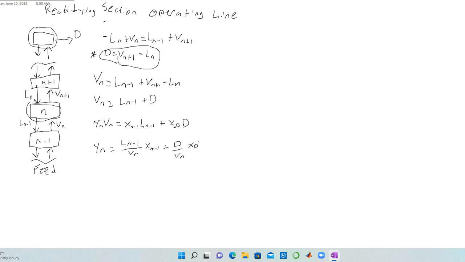When we're doing McCabe-Thiele, we're assuming ideal distillation. One of the assumptions we make is that the vapor flow rate is going to be constant.